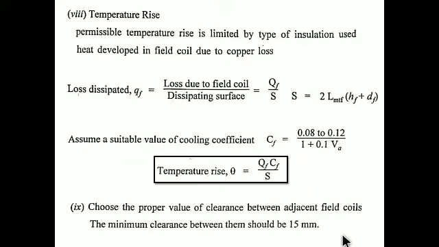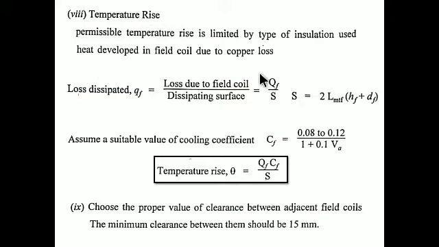With this continuation, the next item, 8.1, is the temperature rise. Here the permissible limit of temperature is set by the type of insulation, so insulation will depend on the rise. For that, we cannot consider this from the insulation aspect. When we go for the winding aspect, only the copper loss will produce heat and develop the temperature rise.